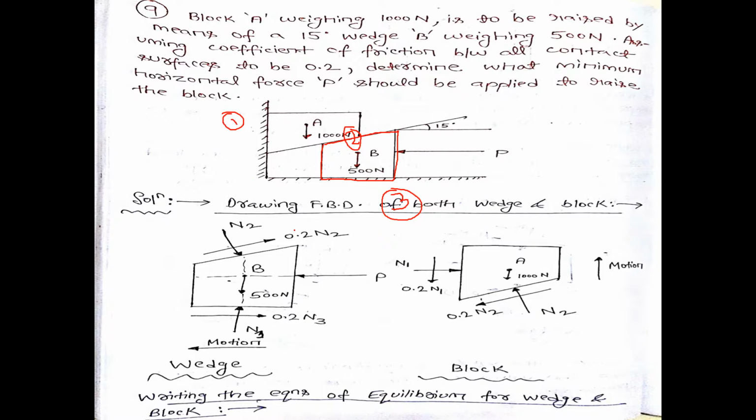I can see very clearly that the weight of the wedge, that is 500 Newton, will act vertically downward from the center of gravity.